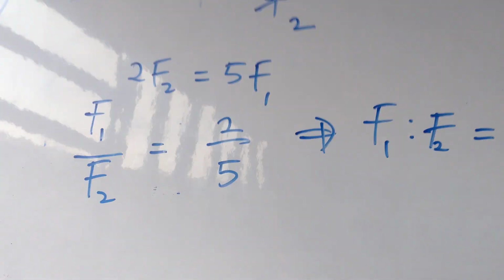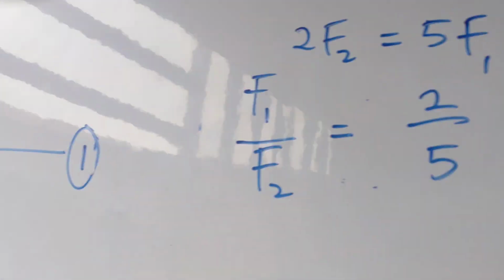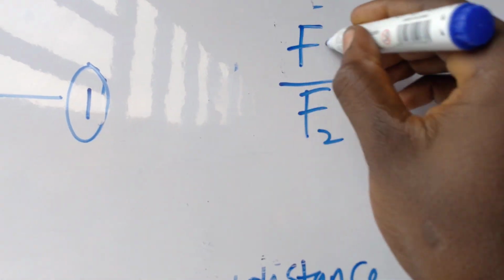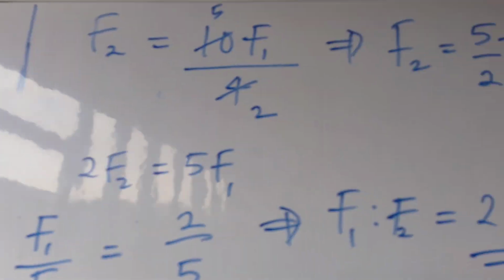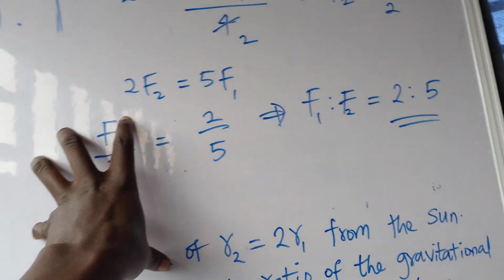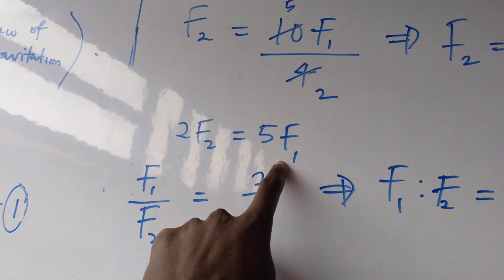Final answer. So when I cross multiplied, 2 times F2 gives 2F2, and 2F2 equals 5F1.